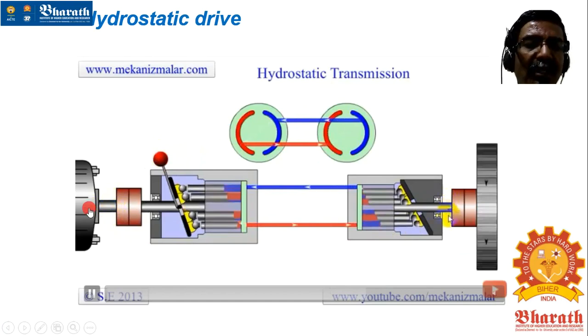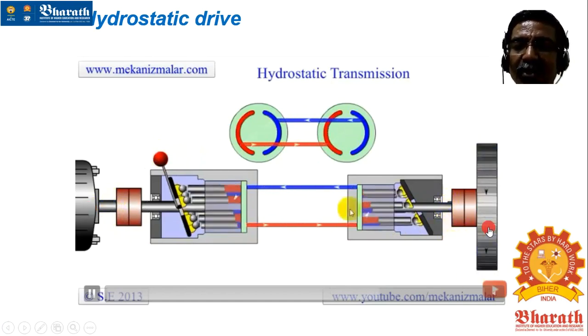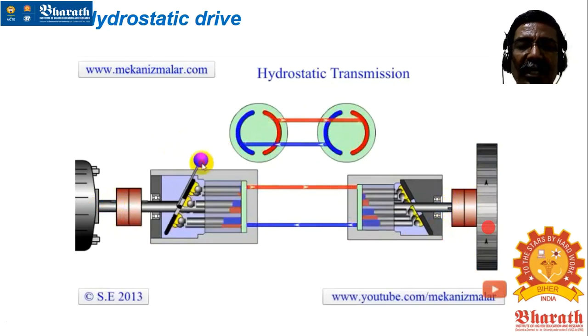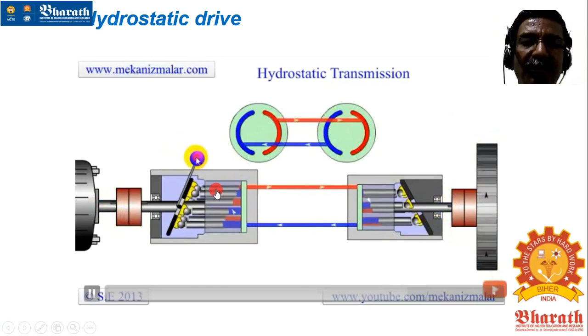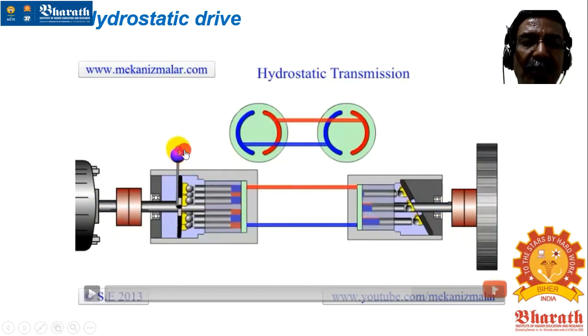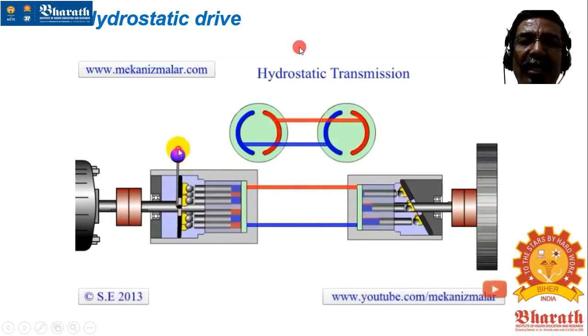So then the input shaft rotates in the clockwise direction, but the output shaft is rotating in the anti-clockwise direction. Now it is clockwise direction. Suppose if I keep the lever in neutral position, then you won't get any rotation here, you won't get any flow here. So this is how the hydrostatic drive is working.